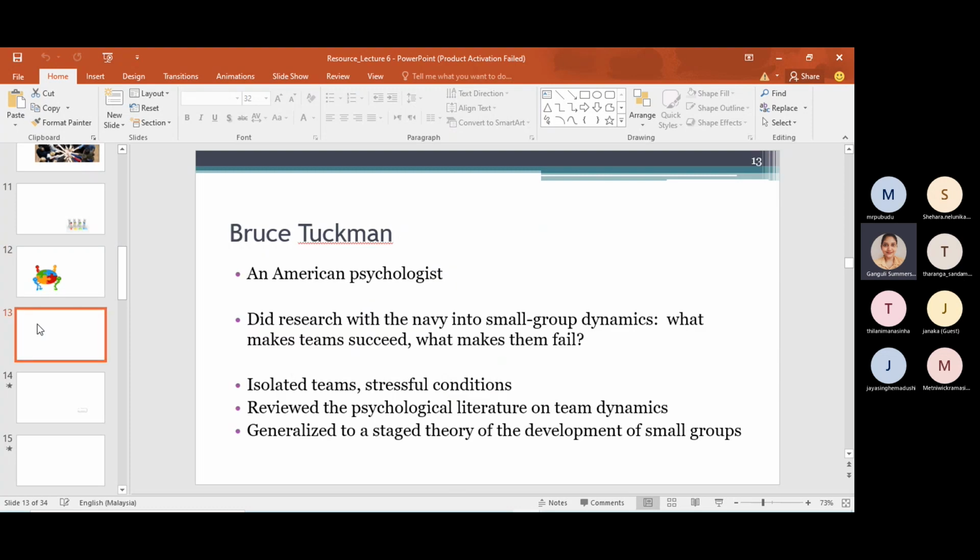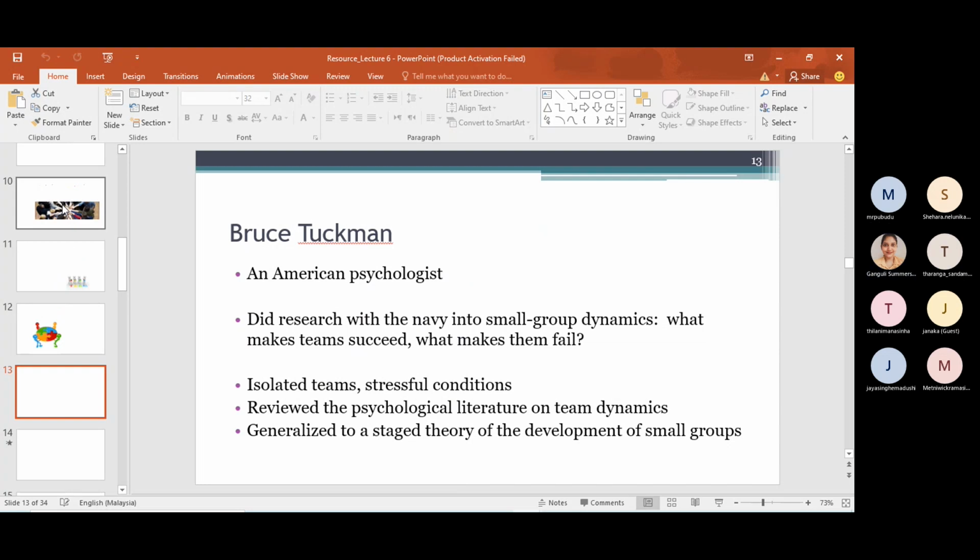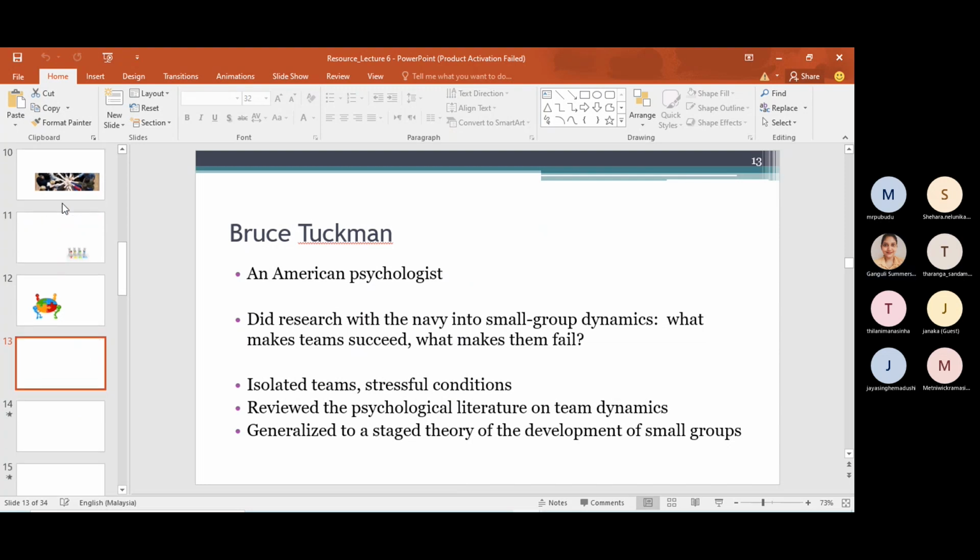Now we can go into Tuckman's group theory. Before we learn what Tuckman's group theory is, we'll learn a little bit about the person who invented this theory. It is called Tuckman's group theory because it was made by a person called Bruce Tuckman.